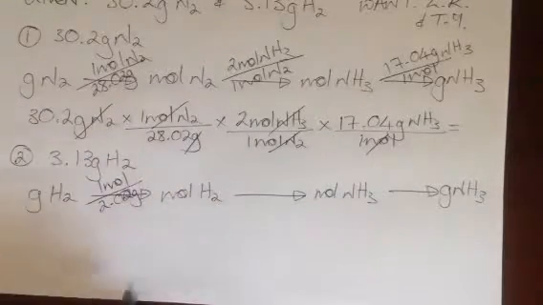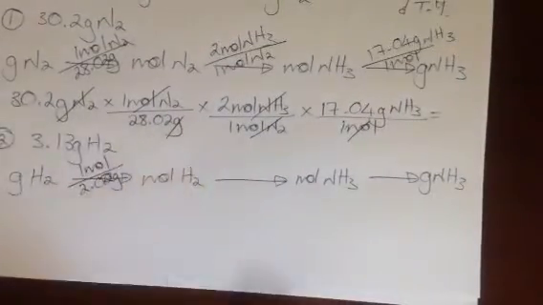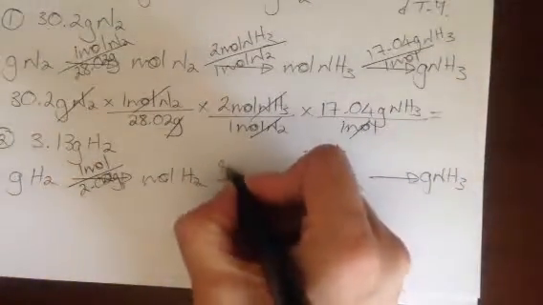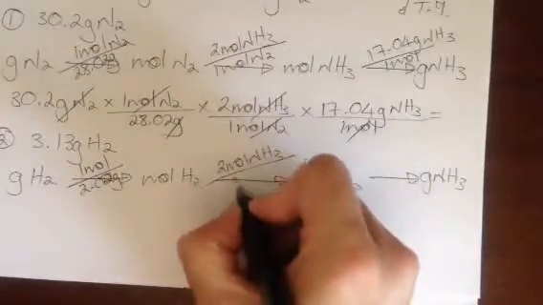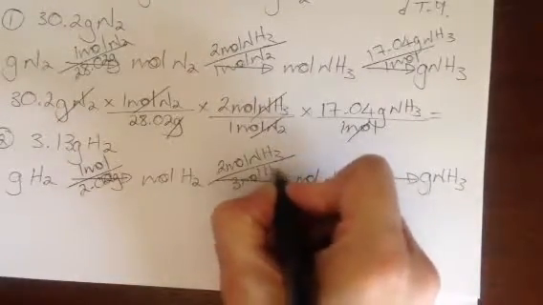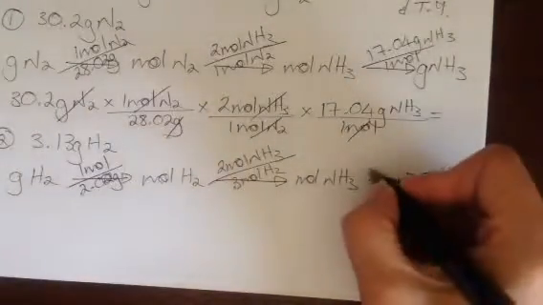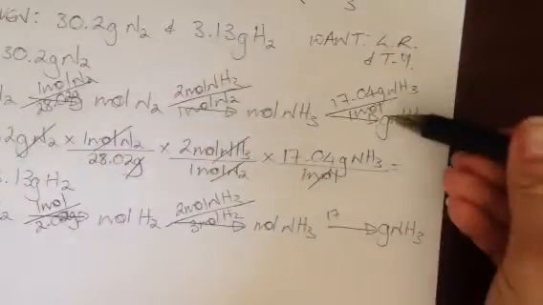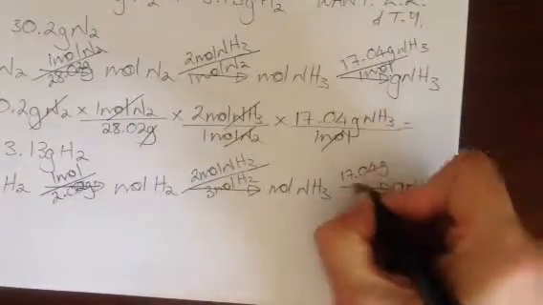And then moles of hydrogen to moles of ammonia, that's a 3 to 2 relationship from our equation. Okay, so we want hydrogen on the bottom, so 2 moles of ammonia on the top per 3 moles of hydrogen on the bottom. And then moles of ammonia to grams of ammonia, we need the molar mass of ammonia. We calculated that in the previous step, so we already have that. Saves us some work, doesn't it?